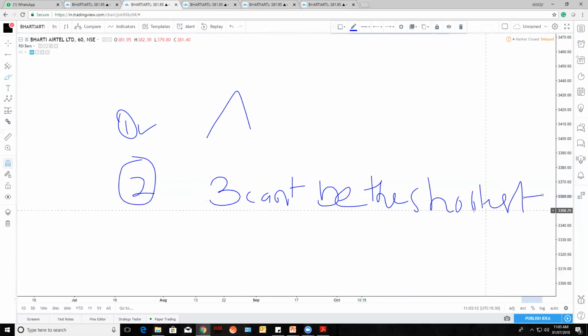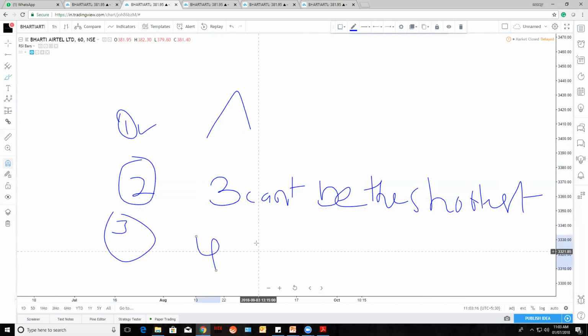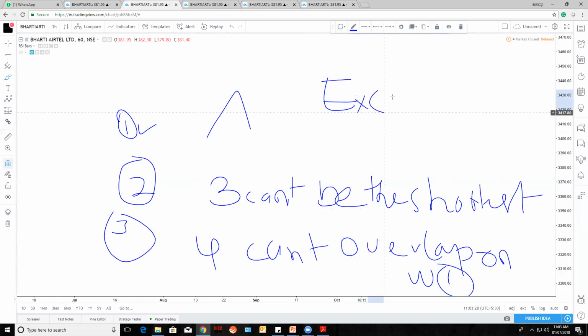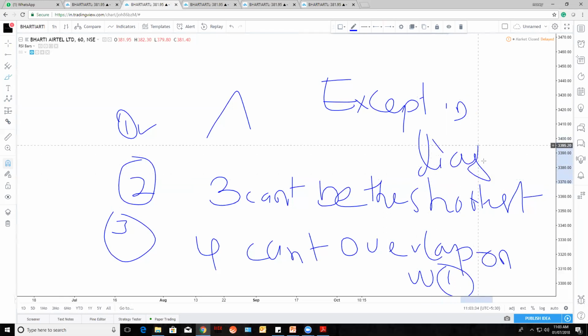And the third rule is wave 4 can't overlap on wave 1 except in a diagonal. Except in a diagonal means in a diagonal it's okay to overlap, not in other cases. Got it?